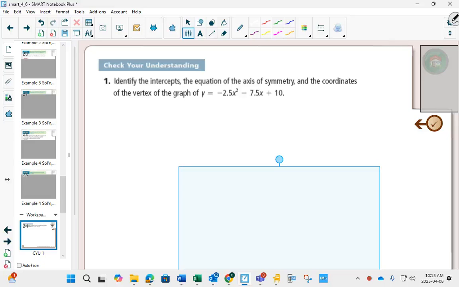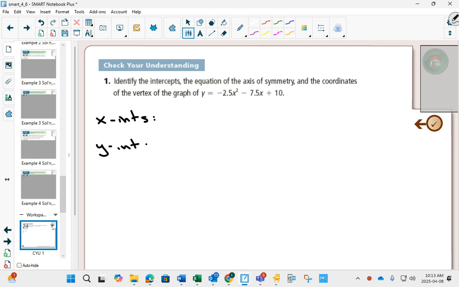So we have choice. Let's list everything here that they asked us to find. They asked us to find x-intercepts, y-intercept, axis of symmetry, and the vertex.